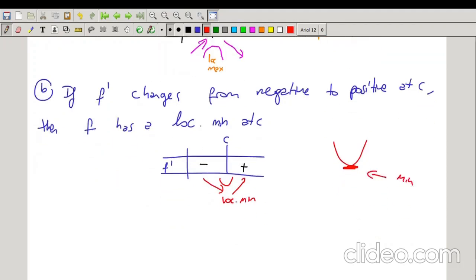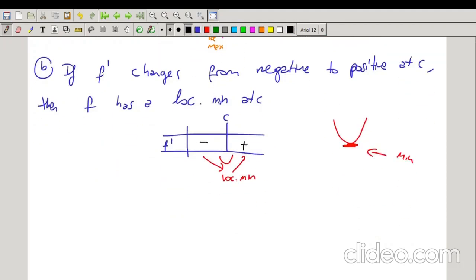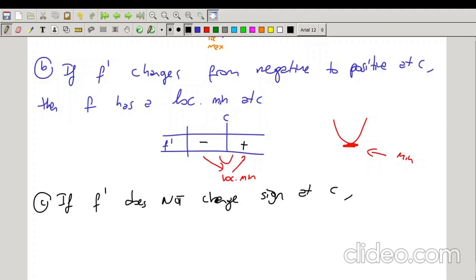We have the third case, C. If f prime does not change sign at c, then we say f has no local max or min at point c.